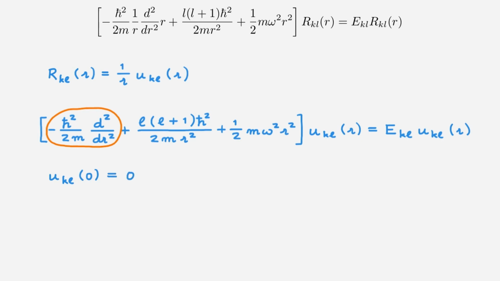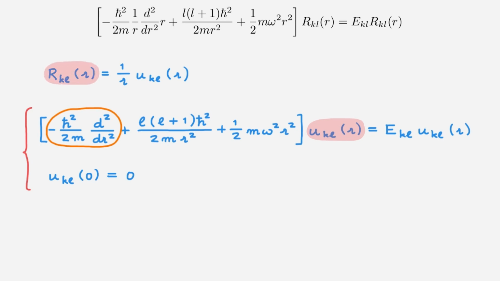Now, everything we've discussed so far is true for any central potential, and for the full derivation, I once again refer you to the corresponding videos that are linked in the description. The new thing that we will do today is to actually solve this differential equation for the isotropic harmonic oscillator. Solving this equation will allow us to determine the u function, and then we can use it to build the radial part of the energy eigenfunctions from this relation up here.